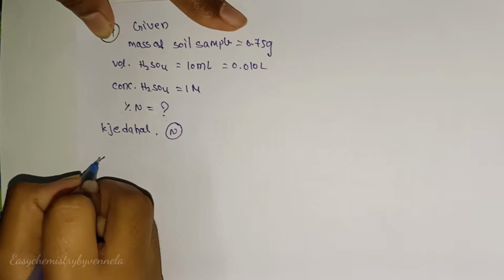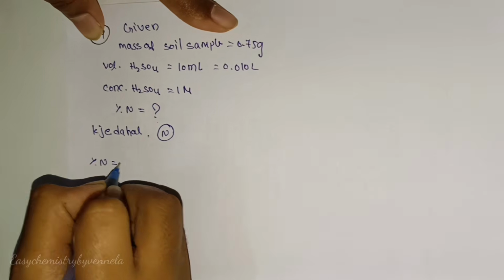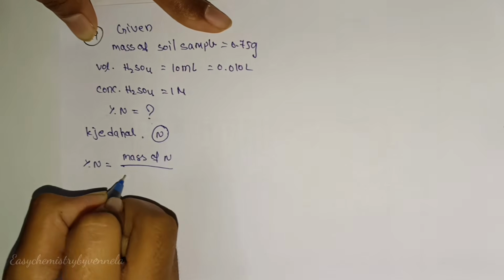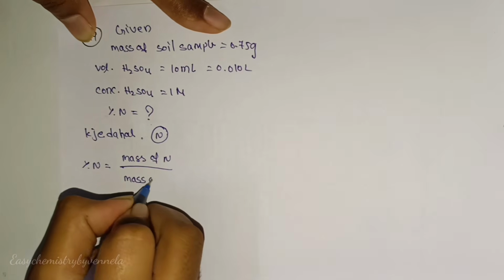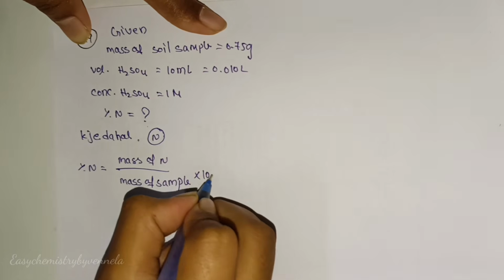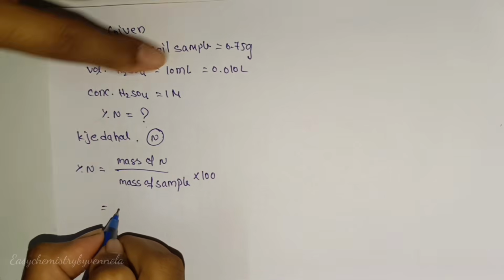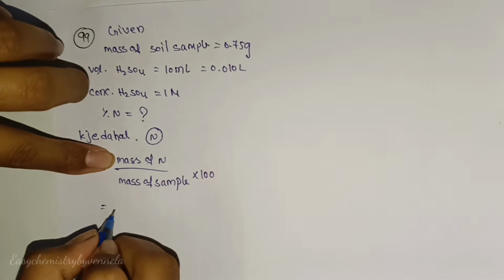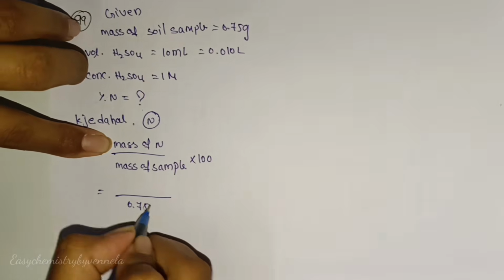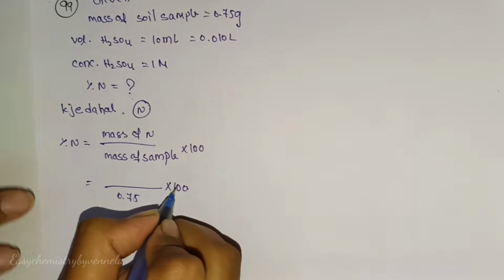Calculate nitrogen estimation. What is the formula? Percentage of nitrogen is equal to mass of nitrogen by mass of sample into 100. So mass of nitrogen you have to find out. Mass of sample is already given, 0.75, into 100.